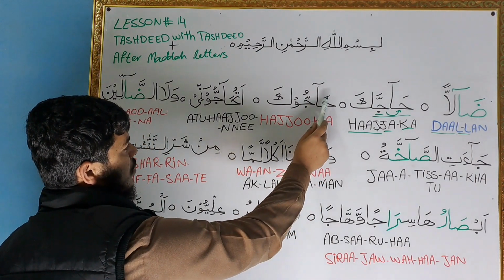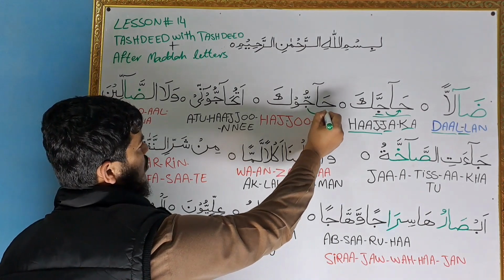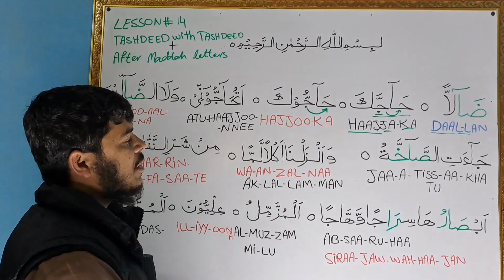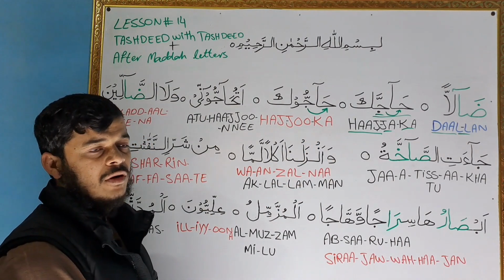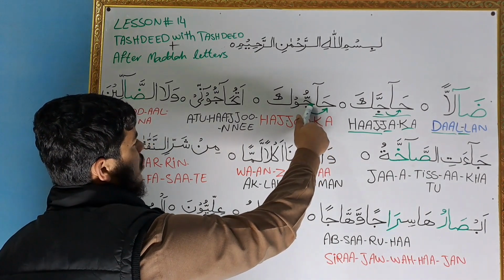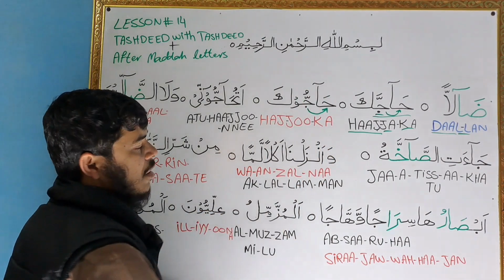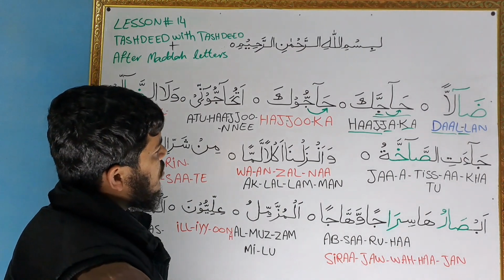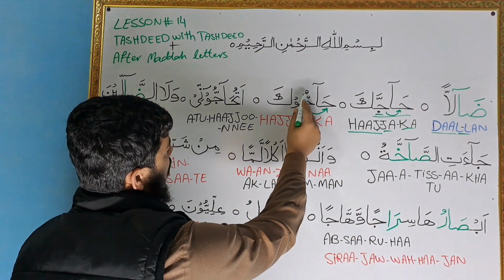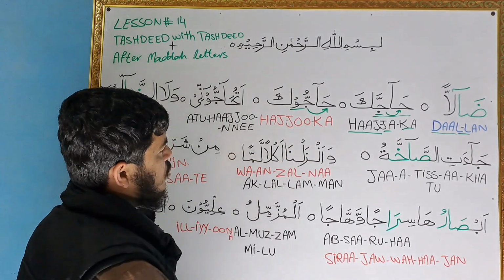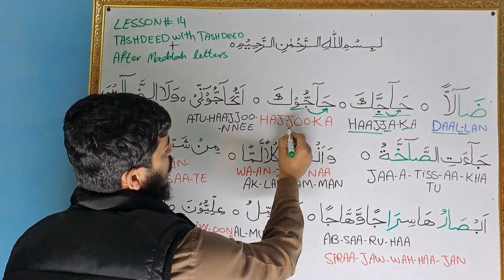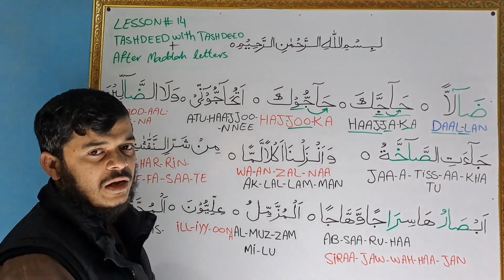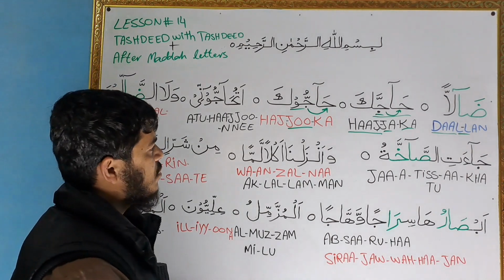Next, ha is the same word. Ha is having fatha and Jim with the tashdid sign. You connect Jim with the sound of ha, ha, Jim, mad fatha, haj. You see, Jim having dhamma, and after dhamma waw with sukoon is coming. So you will make the sound longer for 2 seconds like for Maddah letters we do.